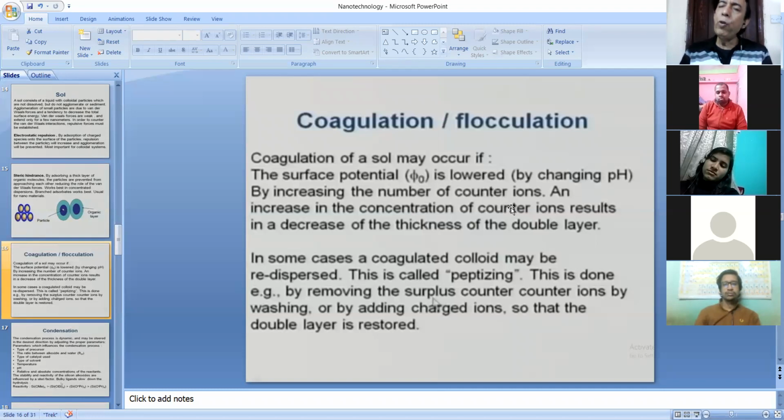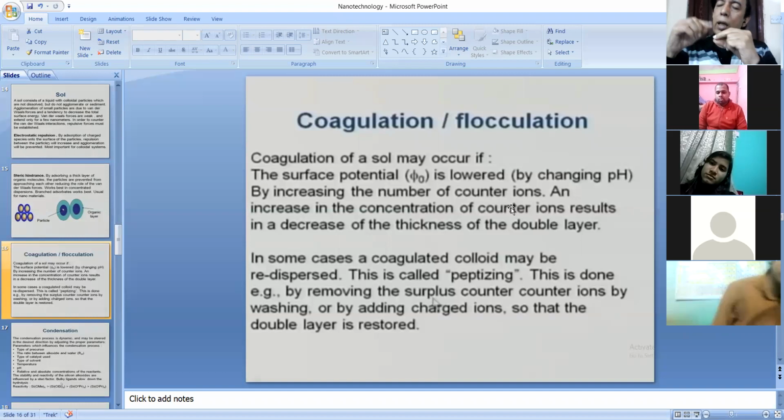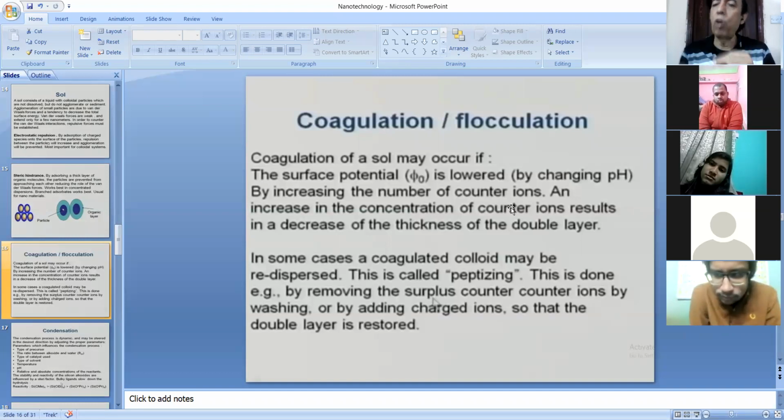So if you add some hydroxyl ion there, for example, some negative ion, then the negative ion will lower the positive charge of the surface of the salt, because the negative charge increases.